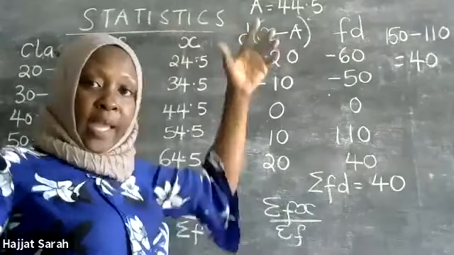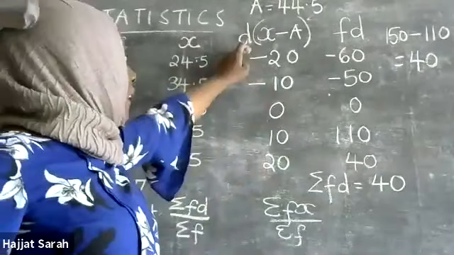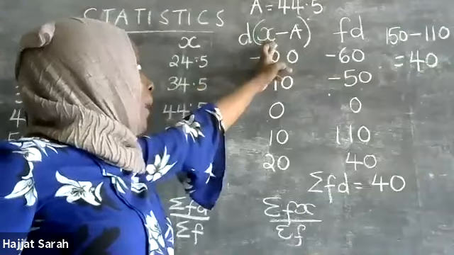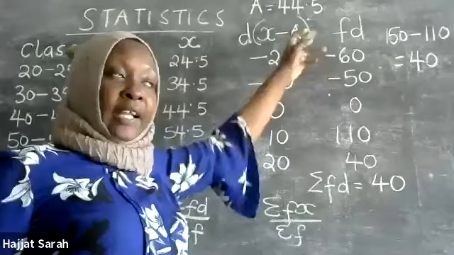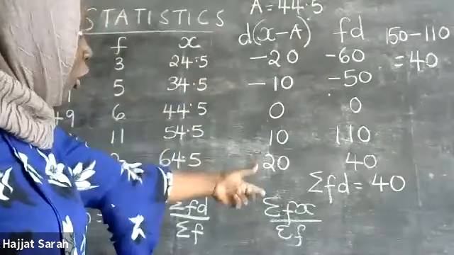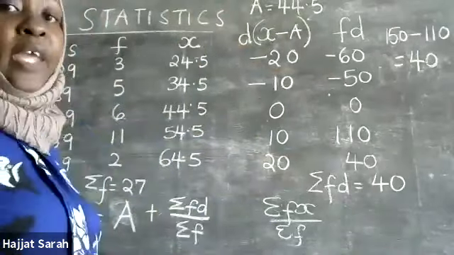That's why I put it in brackets. And then after creating that column, we create the last column, which will be FD.